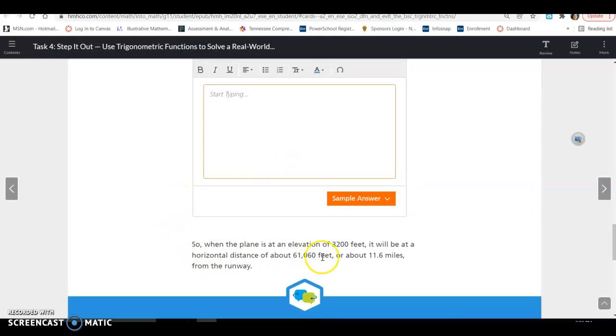All right, so when the plane is at an elevation of 3,200 feet, it will be at a horizontal distance of about 61,060 feet, or about 11.6 miles from the runway. So what they've done is convert feet to miles to figure out how far it is from the runway.